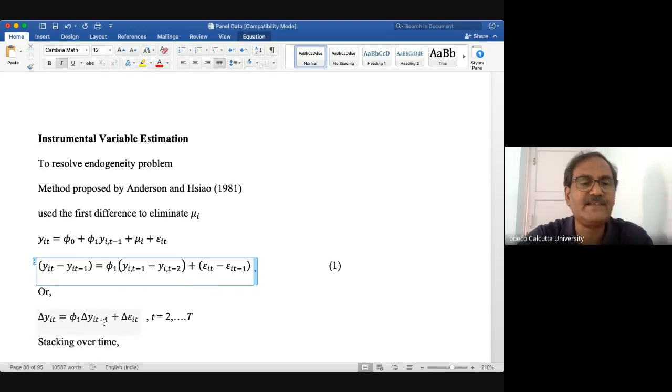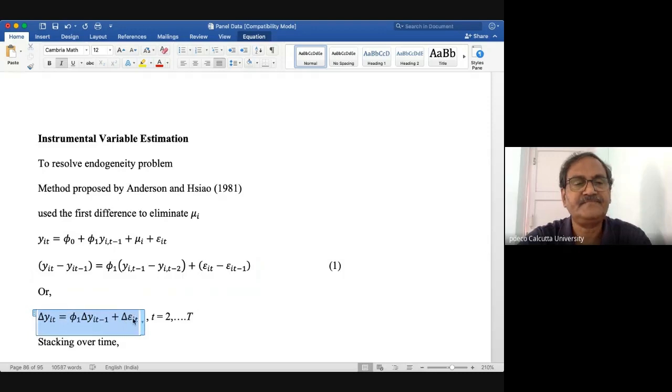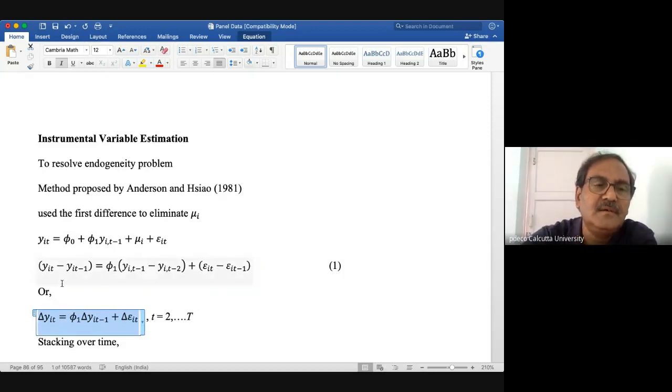Or you can write it this way: delta YIT, which is equal to YIT minus YIT minus 1, equal to phi 1 delta YIT minus 1 plus delta epsilon IT.